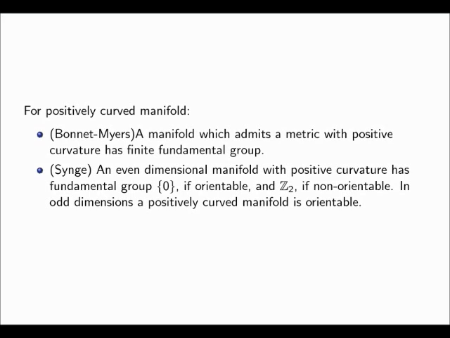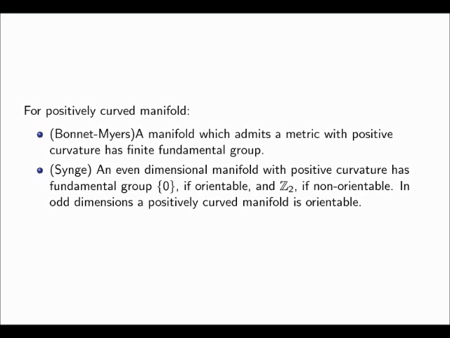So for example, in dimension 4, we have this example. S4 has the trivial fundamental group. In the second case, you can take the quotient, real projective space, called RP4.